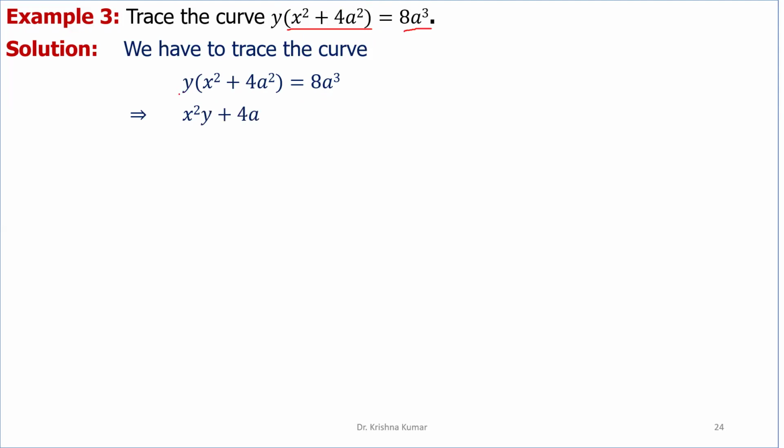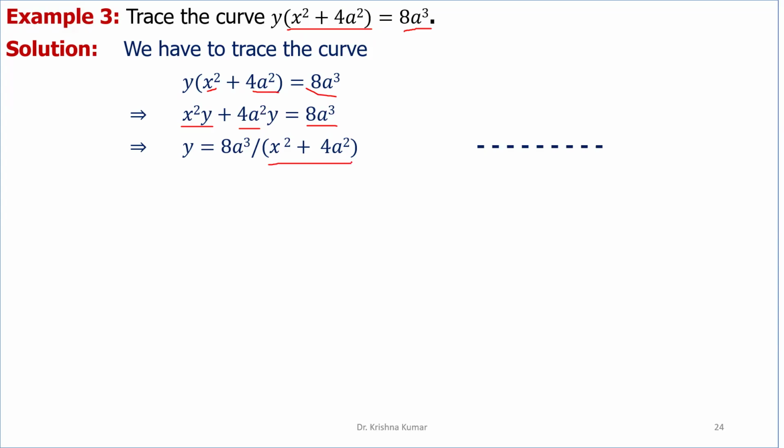Let us try to simplify it. So it can be written as x square y plus 4a square y is equal to 8a cube, or we can write y is equal to 8a cube upon x square plus 4a square. Let us give it equation number 1.